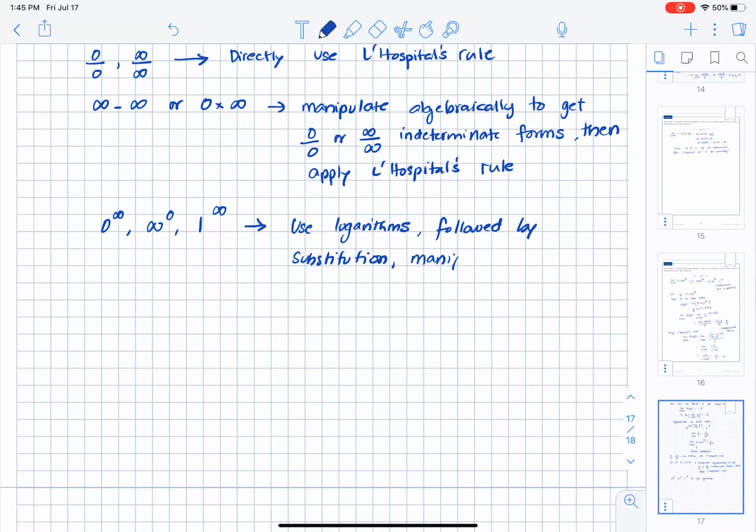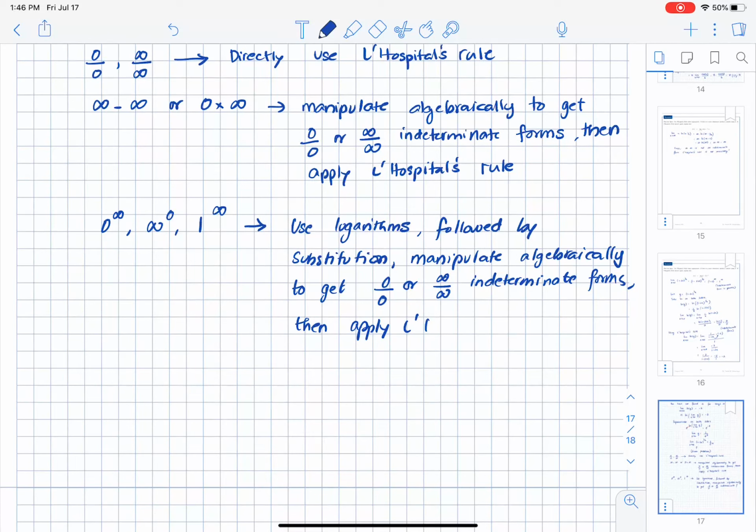We manipulate algebraically using properties of logarithms to get either 0 over 0 or infinity over infinity indeterminate forms. Then apply L'Hopital's rule, and you'd get the answer.